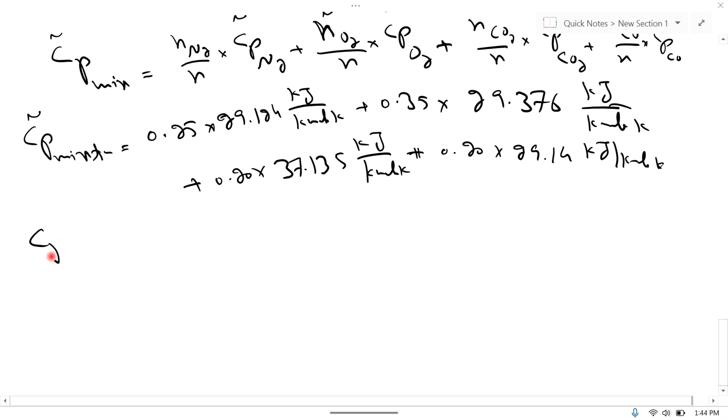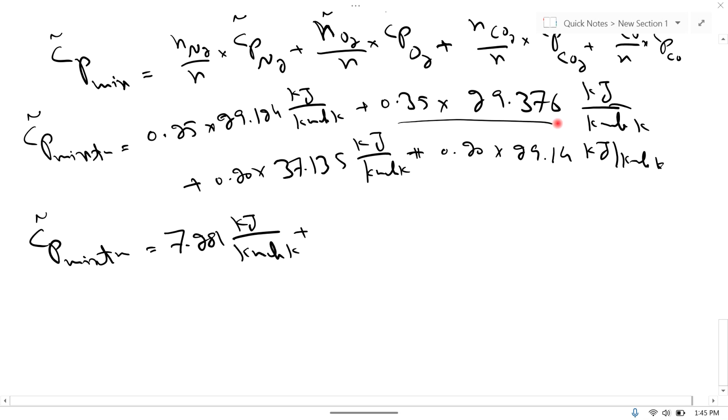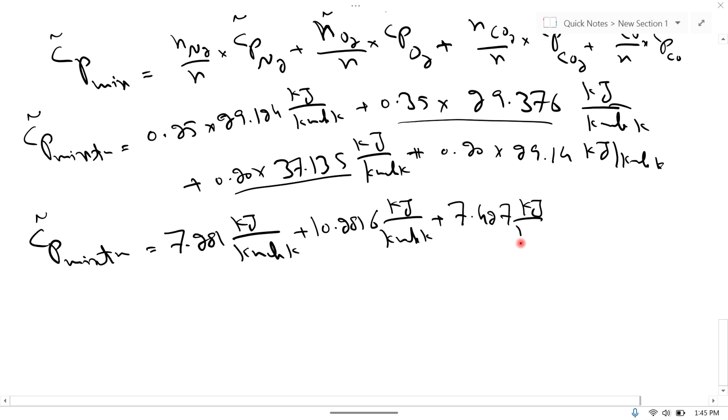Now simplify. Cp dash for the mixture is equal to 0.25 multiplied by 29.124, which is 7.281 kilojoule per kilomole per Kelvin, plus 0.35 multiplied by 29.376, which is 10.2816, plus 0.20 multiplied by 37.135, which is 7.427, and 0.20 multiplied by 29.14, which is 5.828.